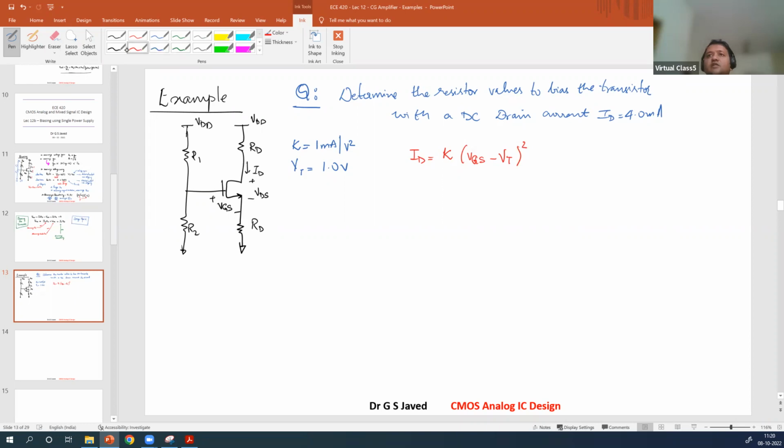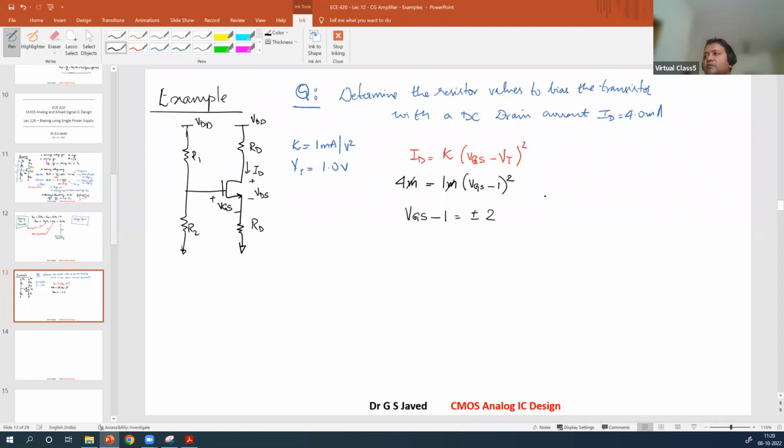You know this factor, so let's substitute. ID is how much? 4 milliampere. K is 1 milliampere. VGS minus 1 the whole square. Milli gets cancelled. Taking the root, we get 2. So VGS minus 1 is equal to plus or minus 2. You've got 2 values, so VGS will get 2 values here.